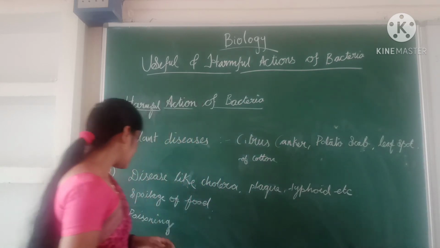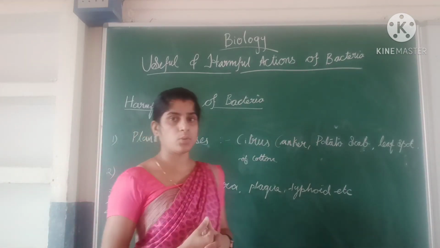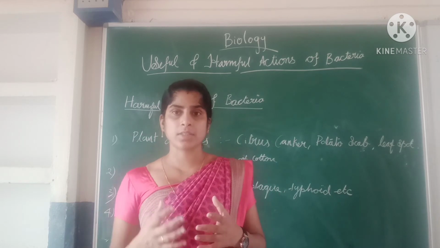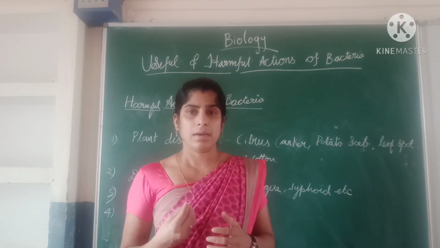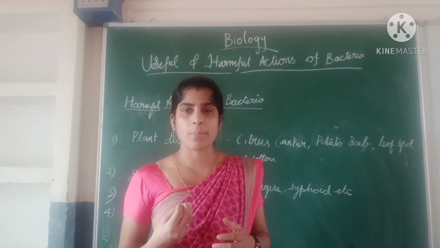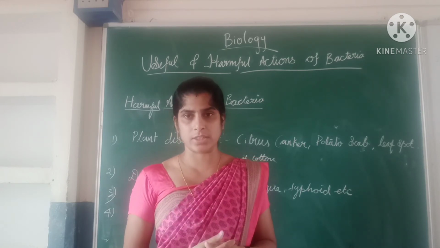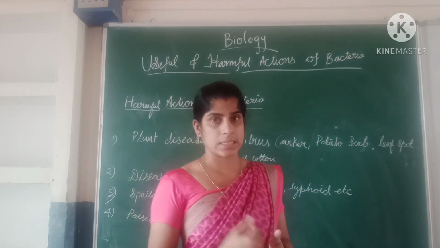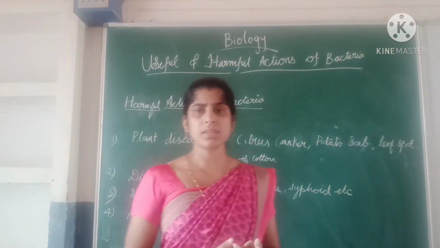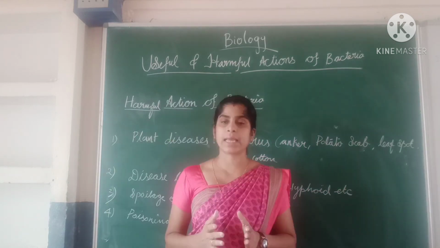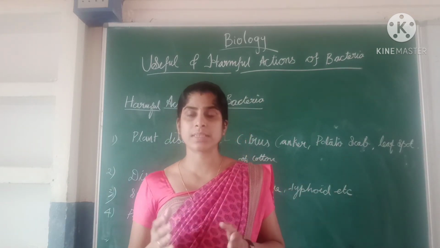And next is spoilage of food. When you prepare food and keep it for one or two days, after one day it produces a bad smell and the taste also changes because of bacteria. And the next is poisonous bacteria, like Salmonella typhi or Streptococci.